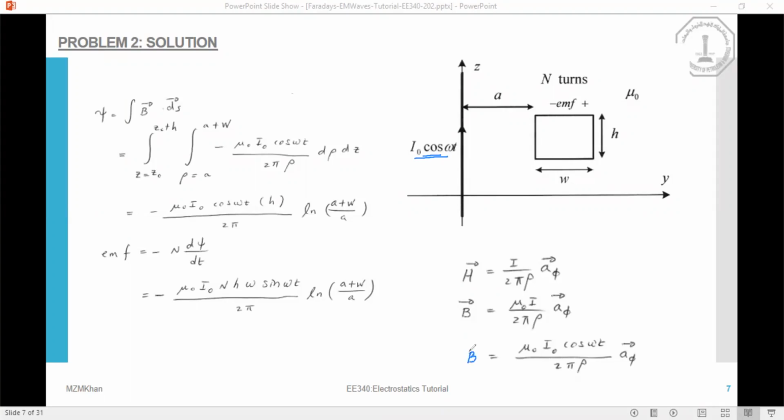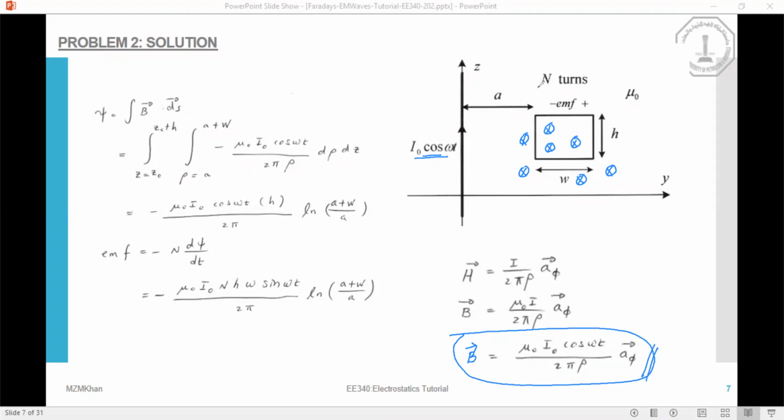Therefore my B bar is mu naught I naught cosine omega t over 2 pi rho A phi. This will be the magnetic field everywhere, and it changes its value because it depends on rho, how far you are. Although it is generated by this infinitely long straight conductor, this magnetic field is external to this loop.